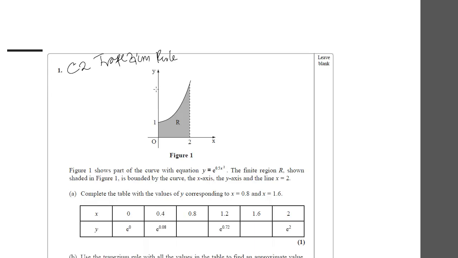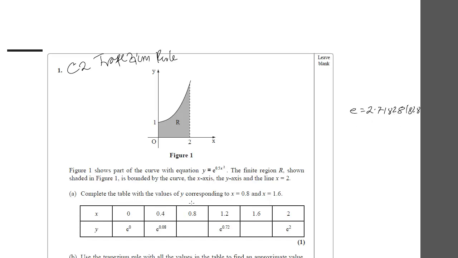Now the first question here, we have to fill up the table. So we know this is y and the values of x are given. All we have to do is find the value of this in terms of e. E is a constant, that means e equals 2.7182818284, something like that.